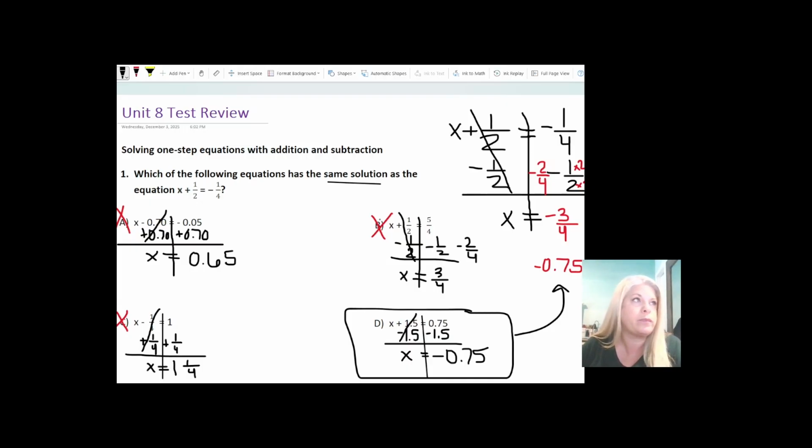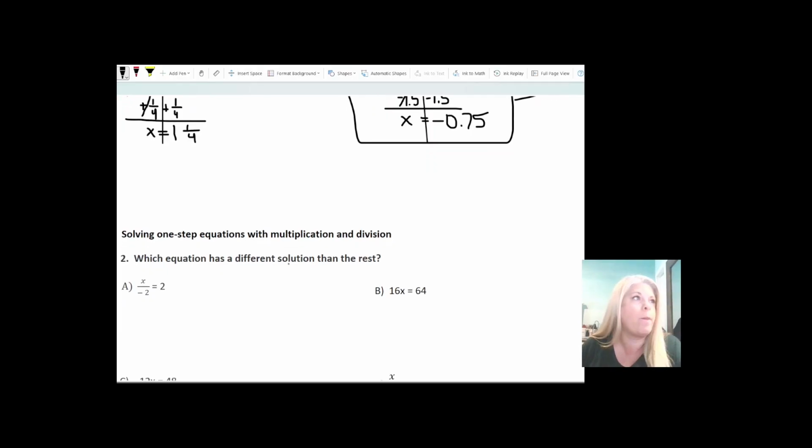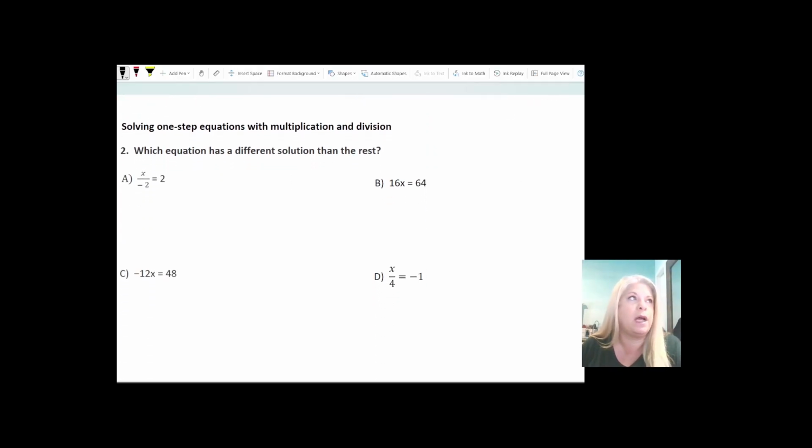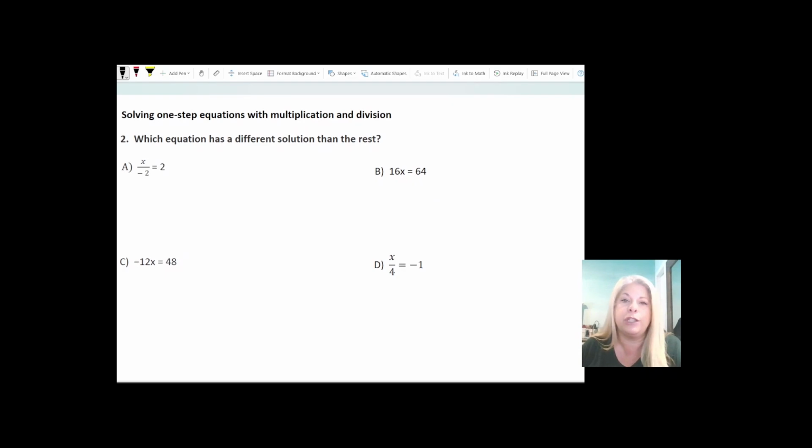All right, number 2. So this one is asking, very similar, but it's asking us to use multiplication and division to solve these one-step equations. And this one is asking which equation has a different solution than the rest. Again, the only way to solve this is to do the work. You have to work them all out to see which one is different.